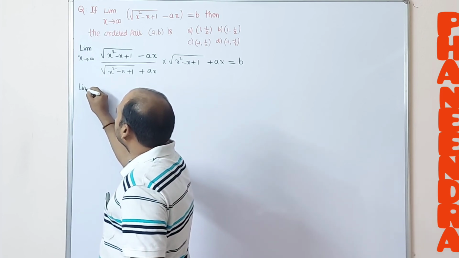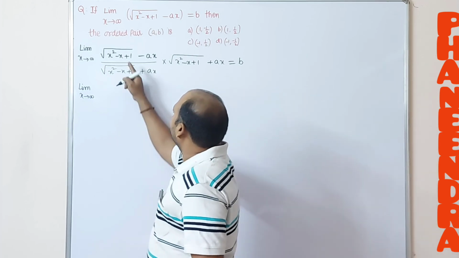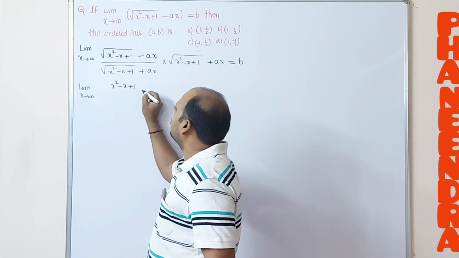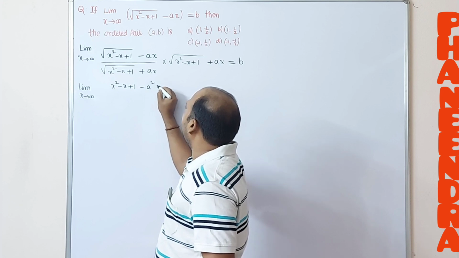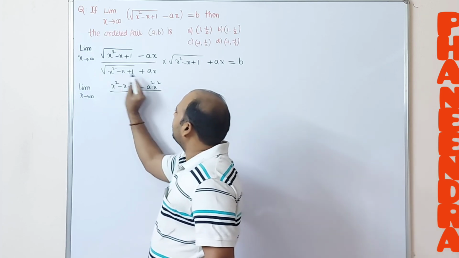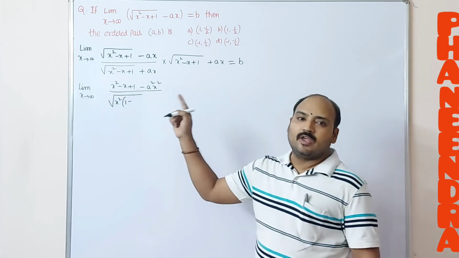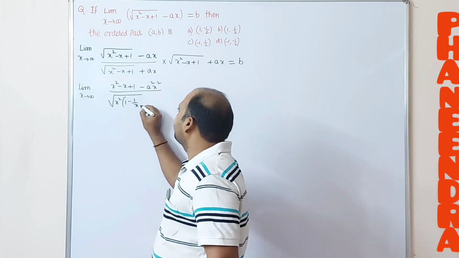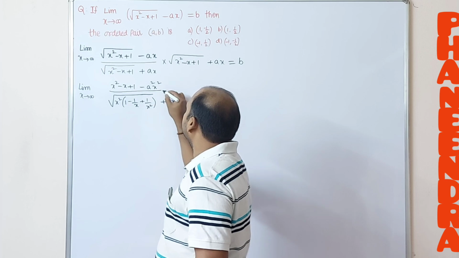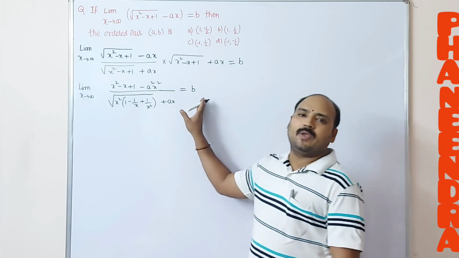So limit x tends to infinity, directly I am writing x square minus x plus 1 minus a square x square divided by, from the denominator x square I am taking common, 1 minus 1 by x plus 1 by x square within the under root, plus ax, which is equal to b. So the limit extends to infinity, some limit value is equal to b. It is a finite value.